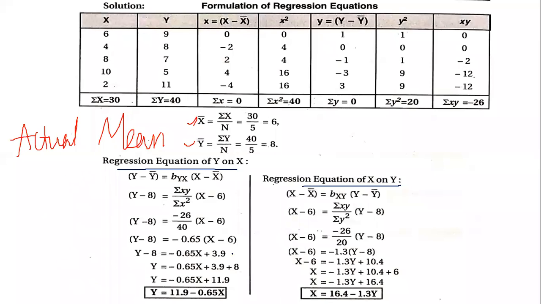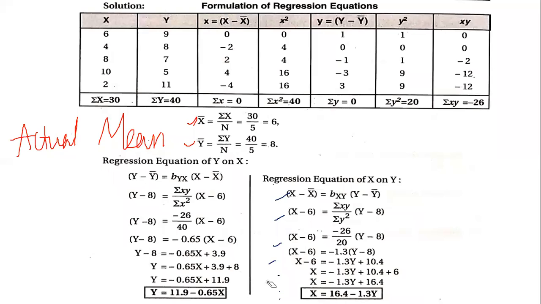So firstly, regression equation y on x. What is first? Y is first. So everywhere y will be first. And if you see here, x is first. So everywhere x will be first.